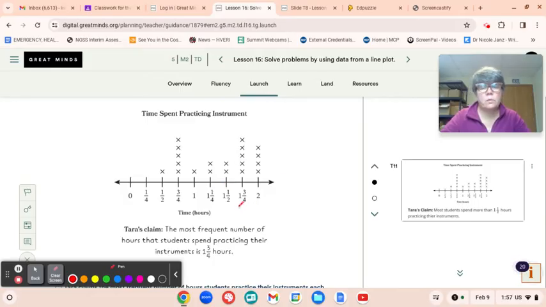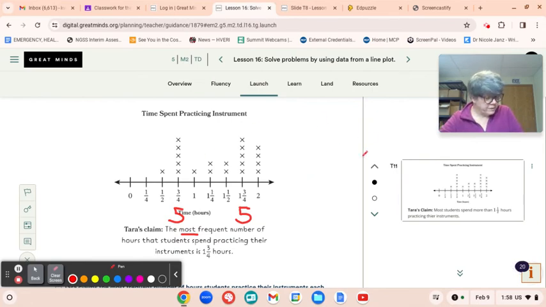And we can see 1 3/4 hours has 1, 2, 3, 4, 5. Right? There's 5 students who are practicing 1 3/4 hours, but do you see a problem? Also, 3/4 hours also has 5 students. So we can't say the most frequent if we have two numbers that are the same, right?